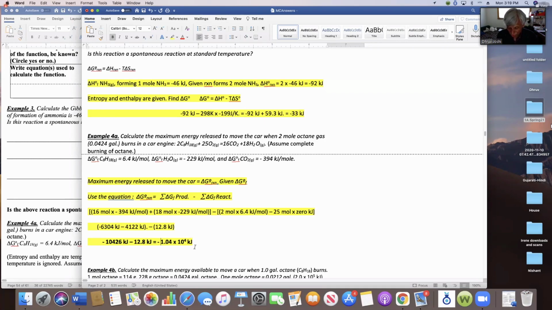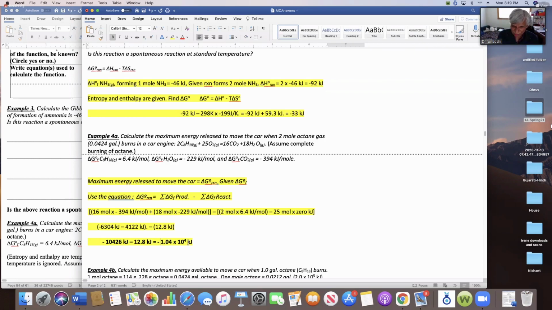We know gasoline does not burn spontaneously, but once it starts burning, it burns. The reaction of gasoline at 25 degrees Celsius does happen, but extremely slowly. We cannot even see it, we cannot experience the heat. But it's a spontaneous reaction. That's what negative delta G means. And it's a very great amount of energy.